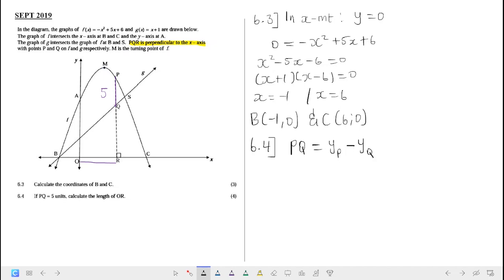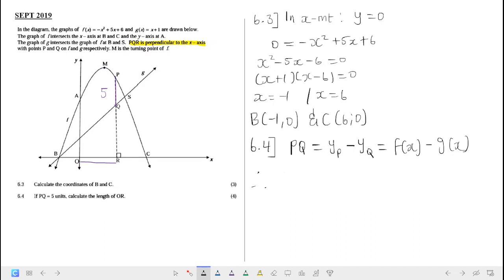But here, as you can see, we're not told what the points of P and Q are, but we're told that P is on f and Q is on g. So this means that, in general, PQ is going to be the equation of f, which is f(x), minus the equation of g, which is g(x). Now let's go ahead and put this here.